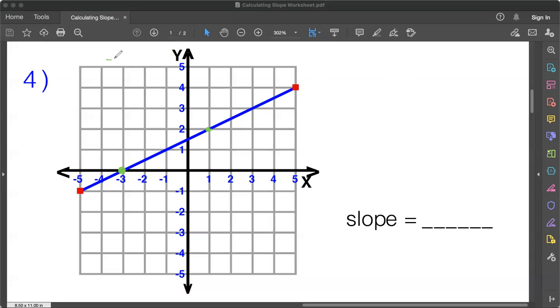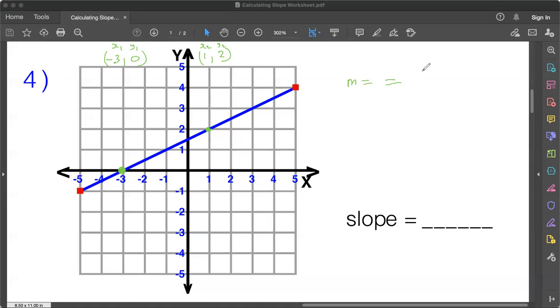It is -3, comma 0. That is our x1, y1 point as the first point. And the second point is 1, comma 2. That is our x2, y2 point. Just tell me how I would put this into the equation.